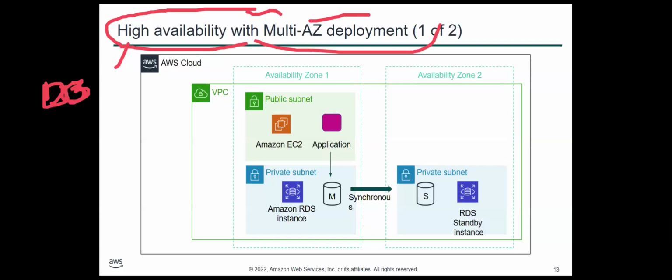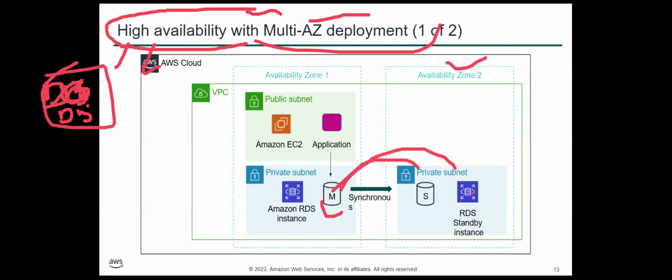There should not be any time when it says it's not available or shows an error. The database should always be accessible. For that, we take a copy of your main database in the second availability zone, synchronizing and keeping it there. That copy is called the standby copy.